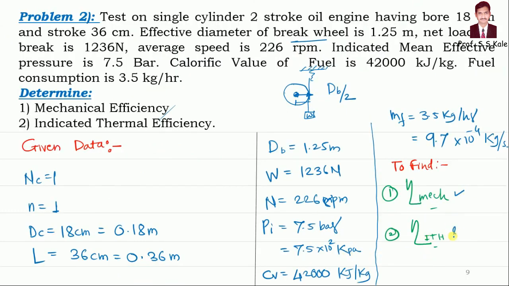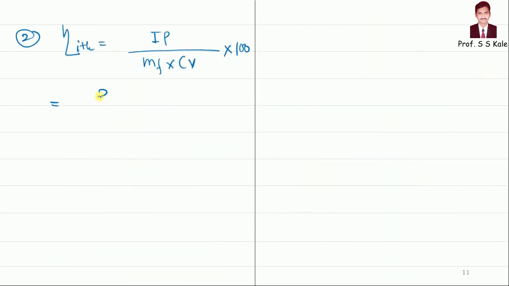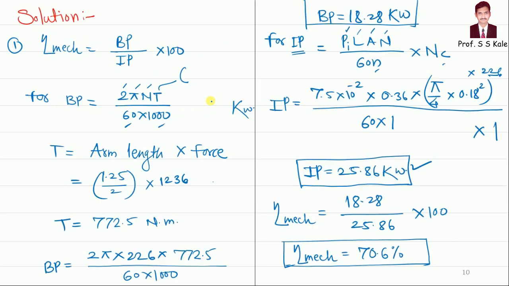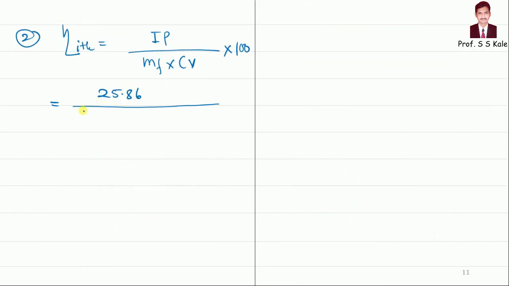Now I have to determine indicated thermal efficiency. That's quite simple now. The indicated thermal efficiency formula is indicated power divided by mass of fuel into calorific value, into 100 to convert into percentage. Now what is indicated power? Just now we have determined indicated power is 25.86. So let's put 25.86 divided by mass of fuel. We have determined mass of fuel is 9.7 into 10 raised to minus 4, into calorific value.